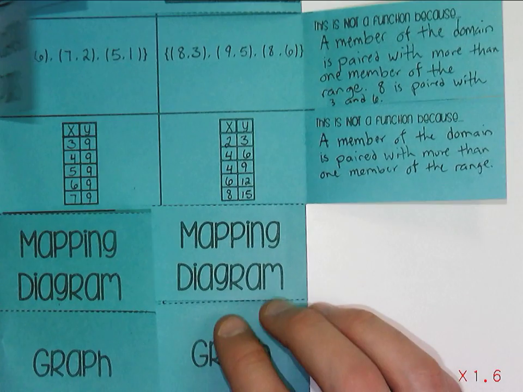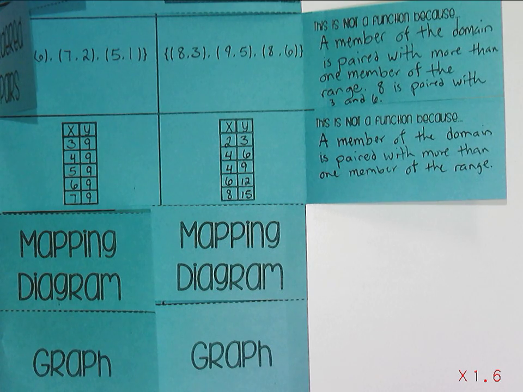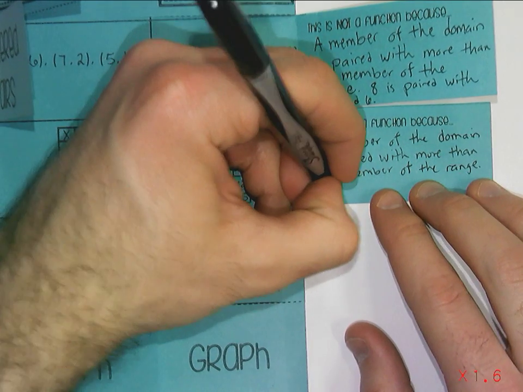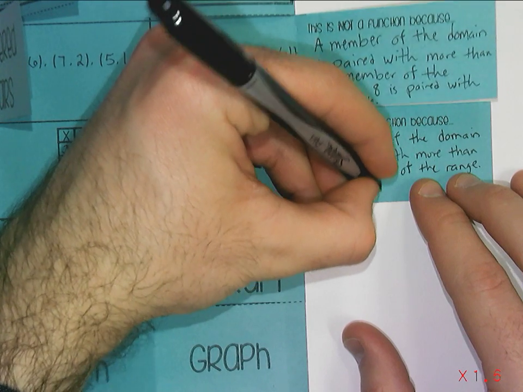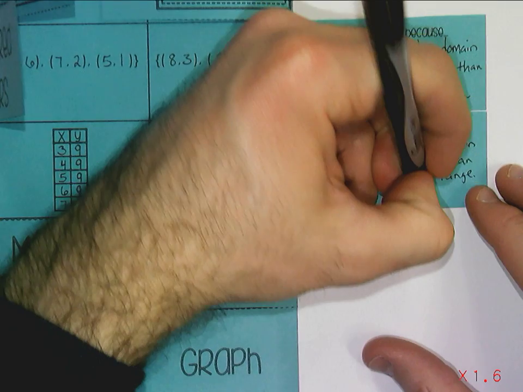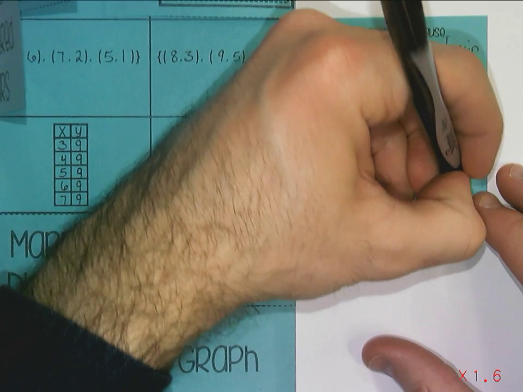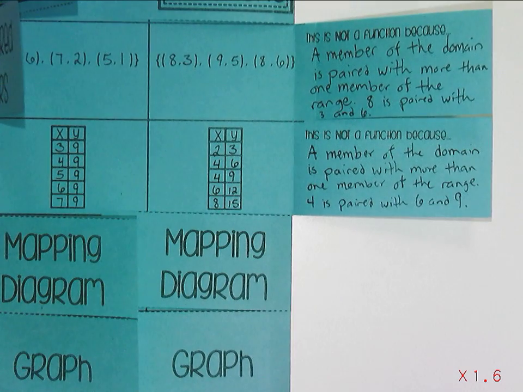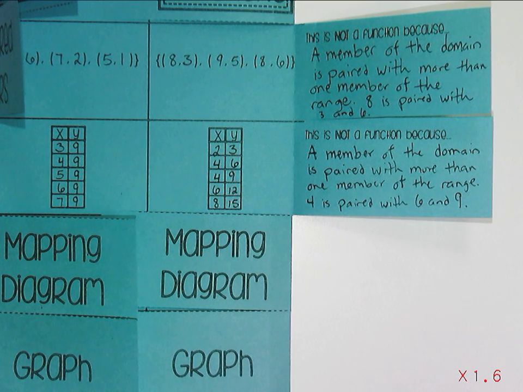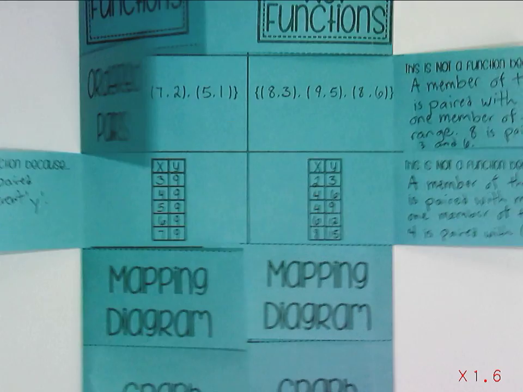In this case, we would have 4 is paired with 6 and 9. So since 4 maps onto both 6 and 9, it's not considered a function because it doesn't meet the definition. This topic really just comes down to the definition.